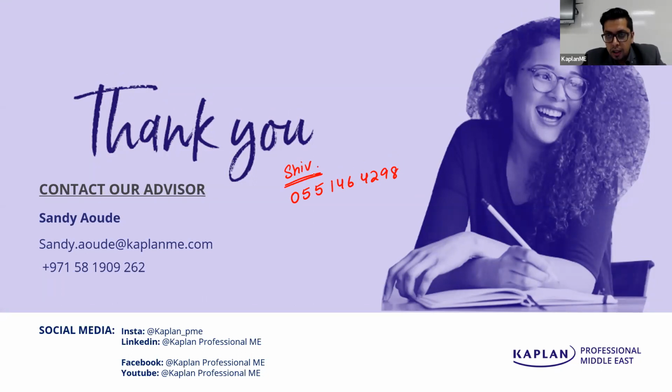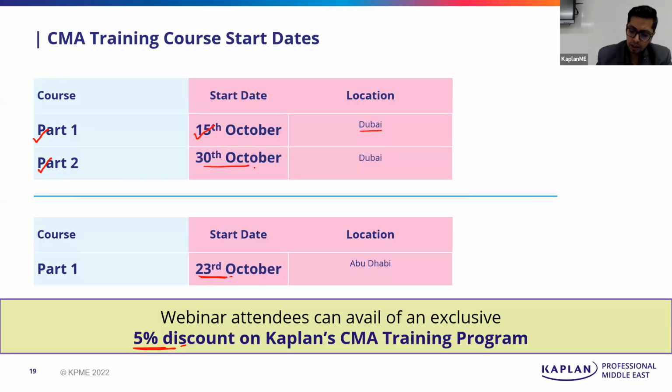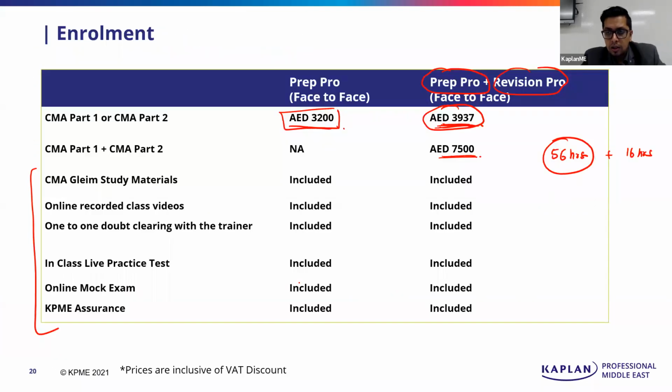What is the charge for a second attempt for any of the sections? All right, Mohammed, let me point that out. In case, God forbid, you do not clear the exam in the first attempt, from Kaplan's perspective, you will have a free resit. So you can come to our next batch and you do not have to pay anything.